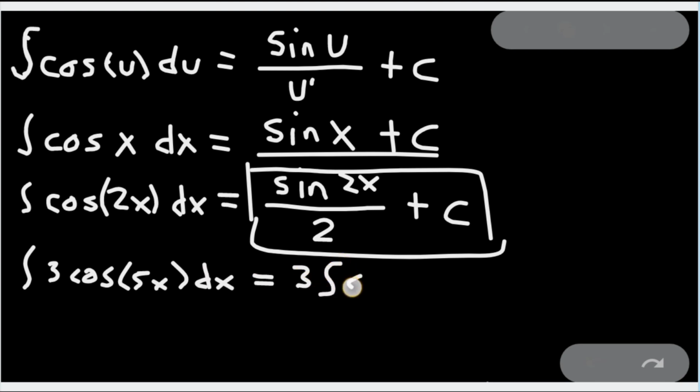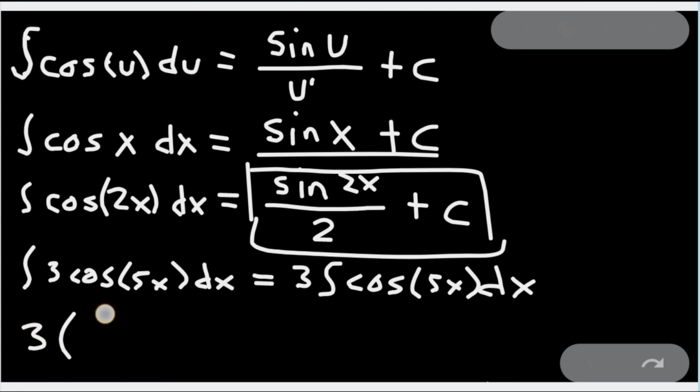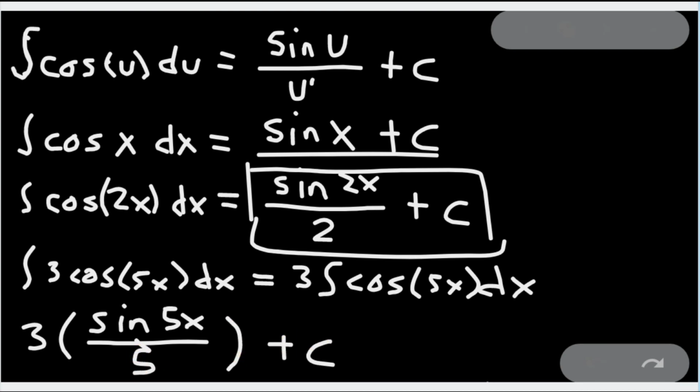So we have 3 times the integral of cosine 5x dx. Our u here is 5x, so what we have now is 3 times sine 5x over the derivative of 5x, which is 5, then plus c. This is the final answer.